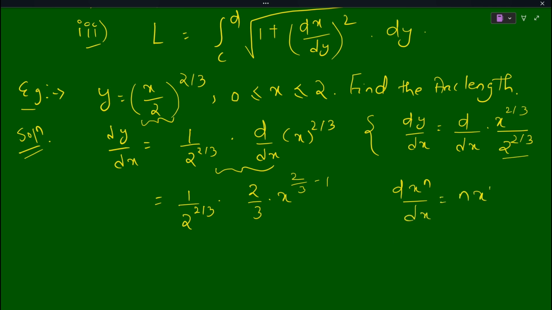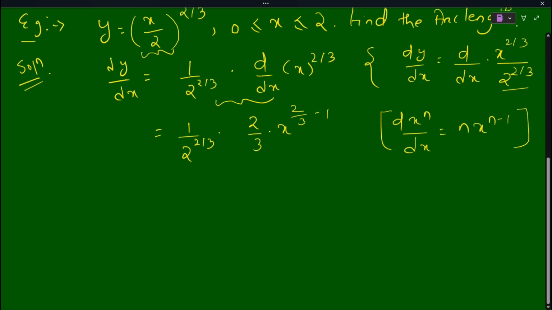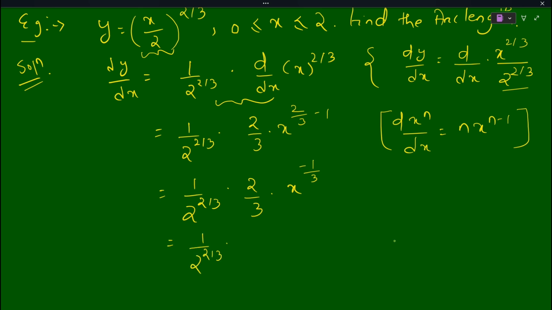So this becomes x to the power minus 1 by 3. There is no need to solve the constant part, as our focus is to find whether this function is continuous or not, so just leave these terms here. I can write x to the power minus 1 by 3 as 1 by x to the power 1 by 3.